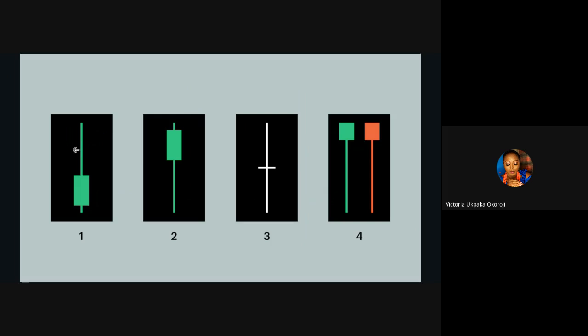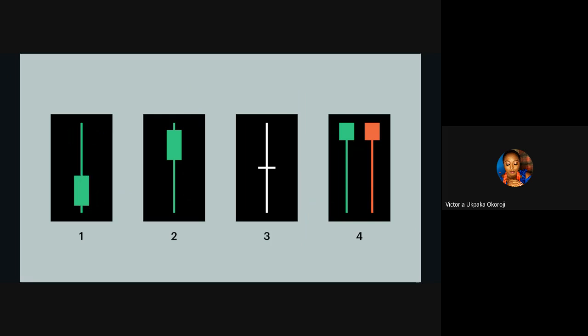Like this one, number one, has a long upper shadow, and this can mean there will be a bearish trend. Remember, this tiny stick up here means the price reached the highest point before it finally closed at this point.